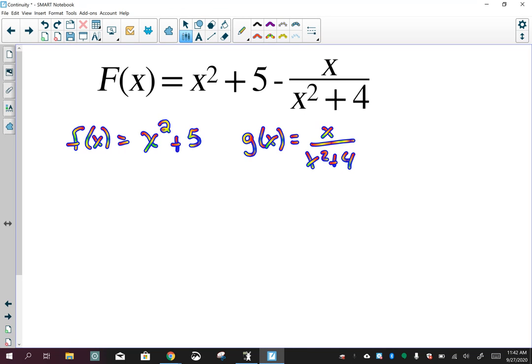That way I can take a look at these separately and then come back and say, okay, my answer is going to be yes or no. If I'm looking at the first one, I notice I don't have any fractions, I don't have any restrictions, so I am continuous everywhere here. If I take a look at the second one here, I only care about the denominator. So when I'm looking at the denominator, I'm saying, okay, is there anything that's going to force this denominator to equal 0?